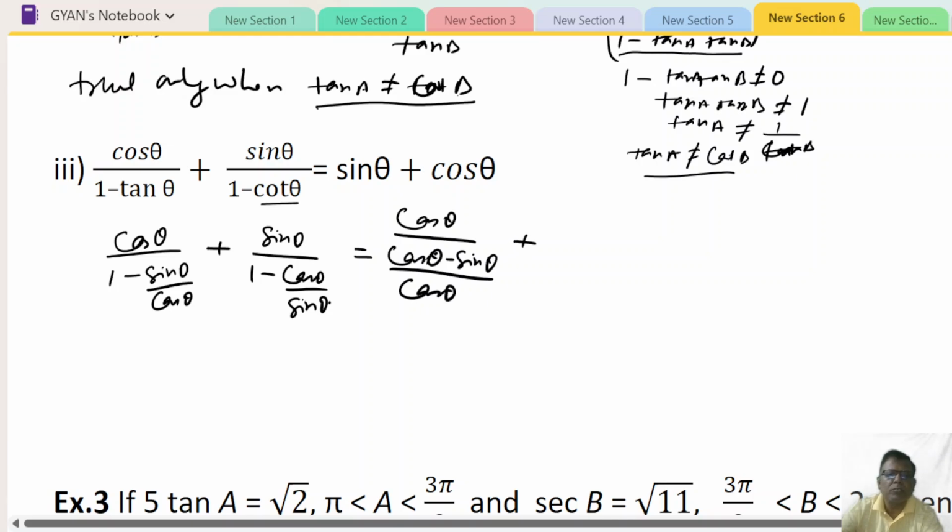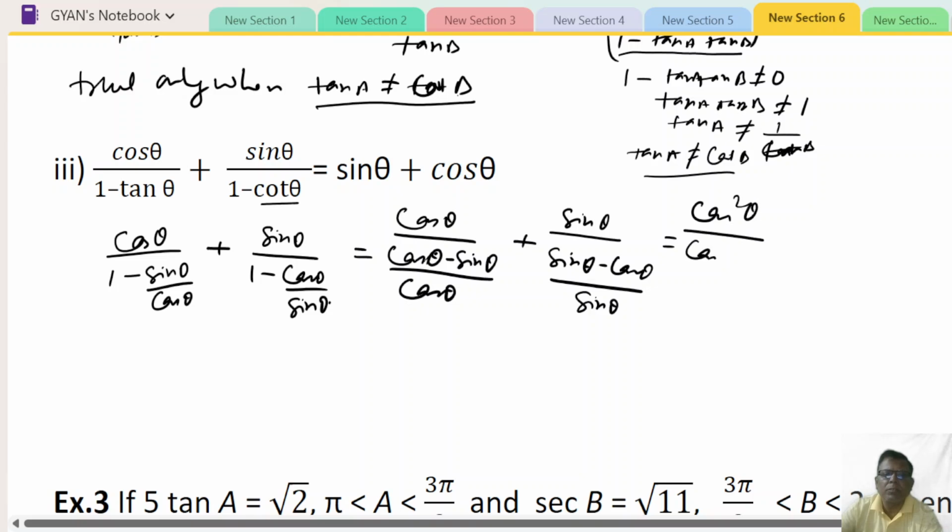Here also sin theta divided by sin theta minus cos theta divided by sin theta. So that is equal to cos square theta divided by cos theta minus sin theta. Here also sin square theta divided by sin theta minus cos theta.